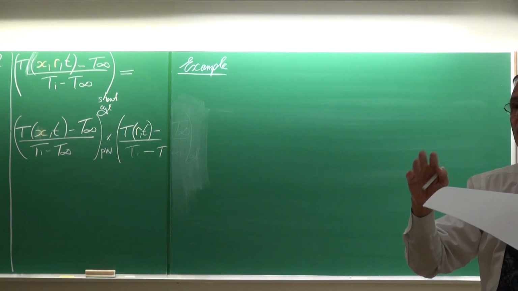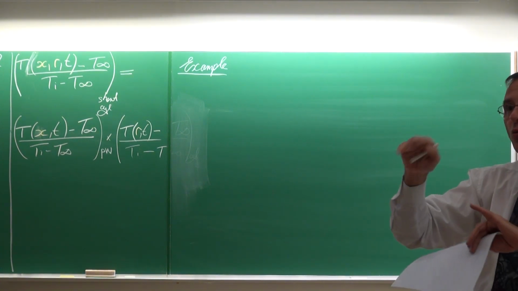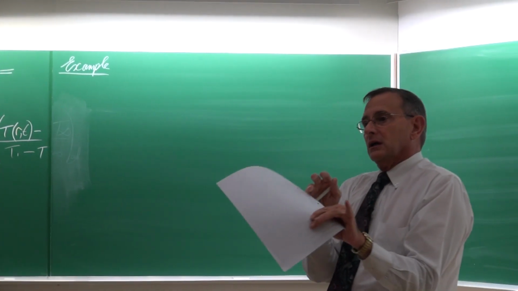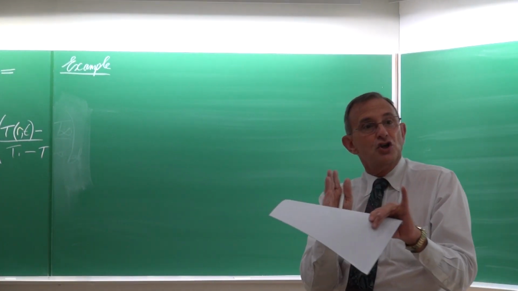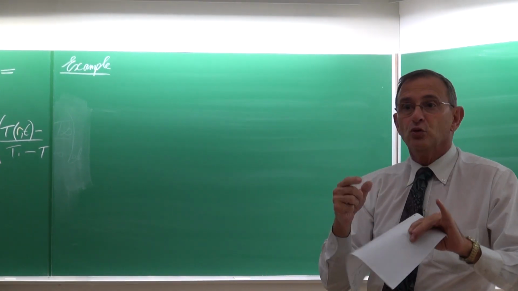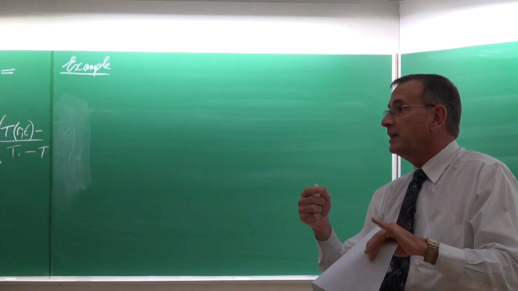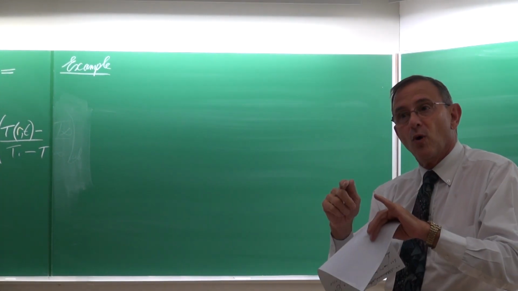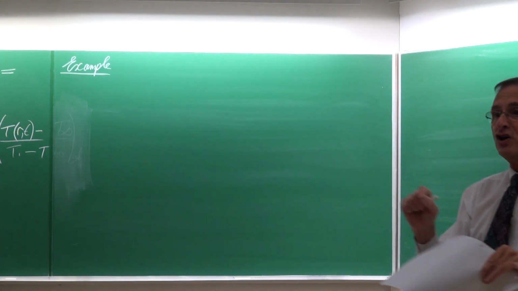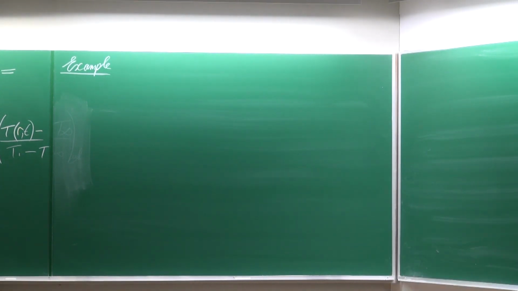They are in the table, and they say the sum of n equal 1 to infinity, and then you can look at the first term approach by assuming tau is larger than 0.2. Then you can get the Biot number, and then in the tables you can get A1 and lambda 1, and then you have to put it into the equations, and there are also the Bessel functions the moment there's a cylinder or a sphere.